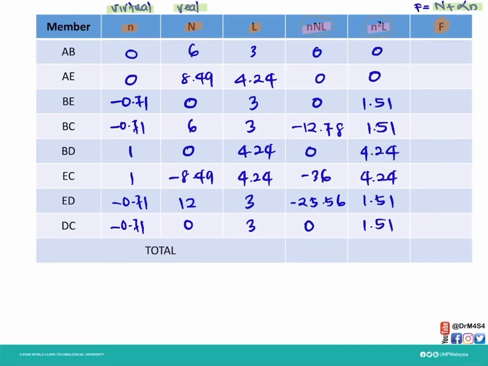Once you fill up those values, we need to find summation of small n times capital N times by L. We calculate this value, we get negative 74.34, and for small n power of 2 times by L, we get 14.52. Before we can find value for F, we need to find the redundant force.